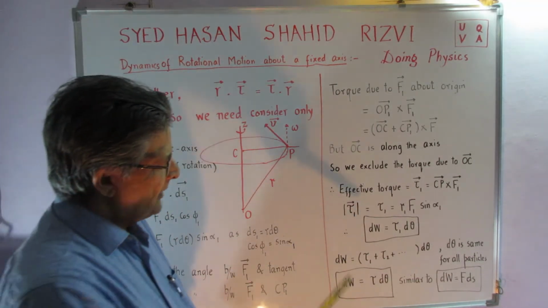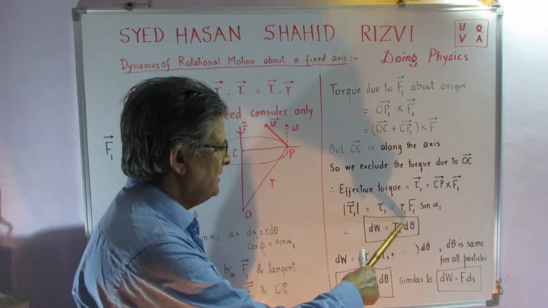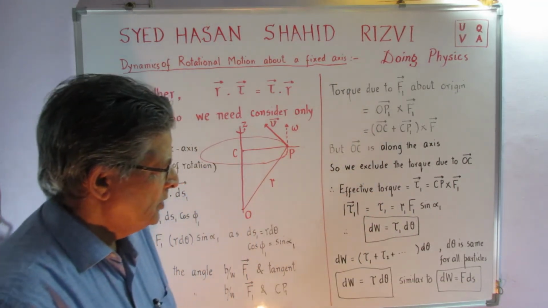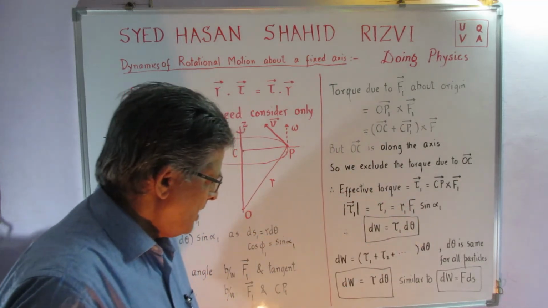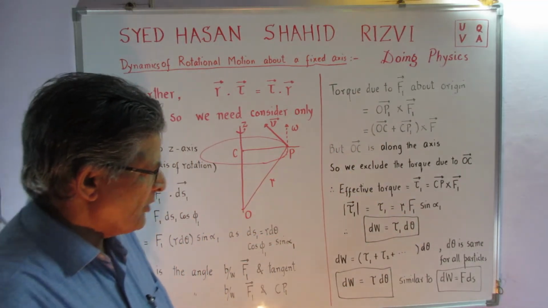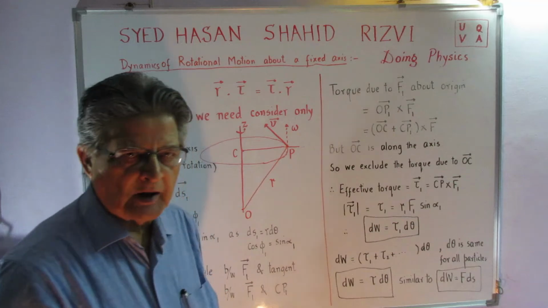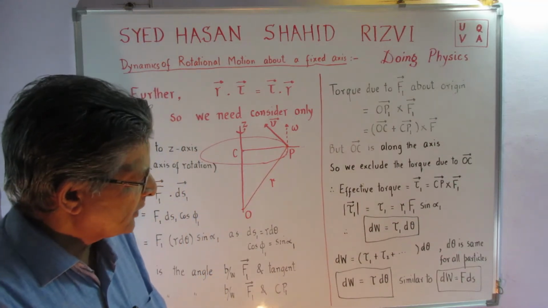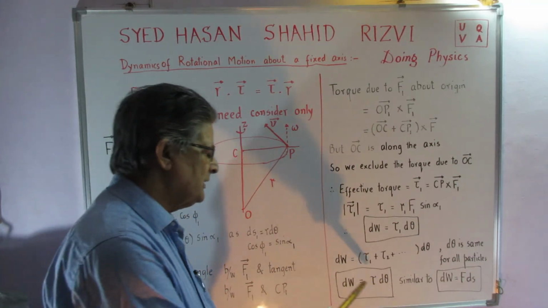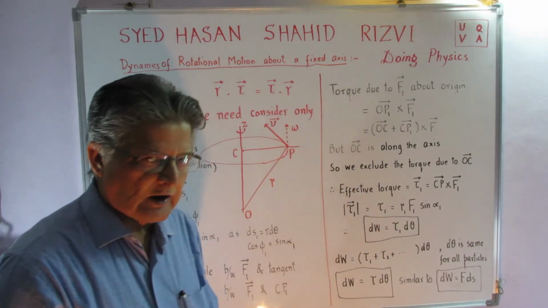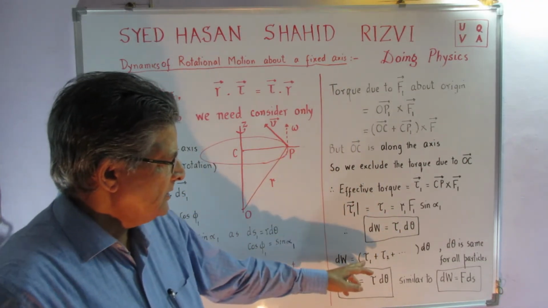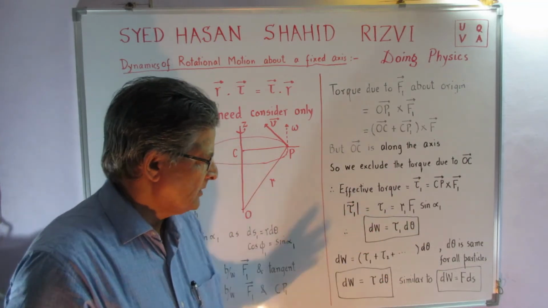So dW is equal to tau 1 into d theta. But the d theta is the same for all the particles which are rotating together, and therefore all the torques can be summed up as scalars: tau 1 plus tau 2 plus and so on.